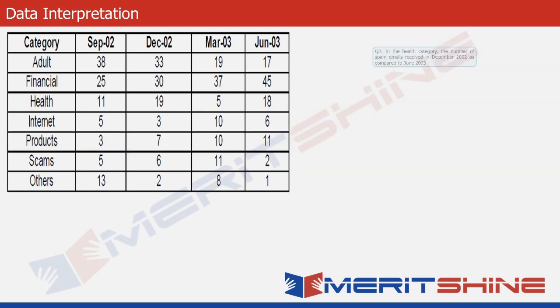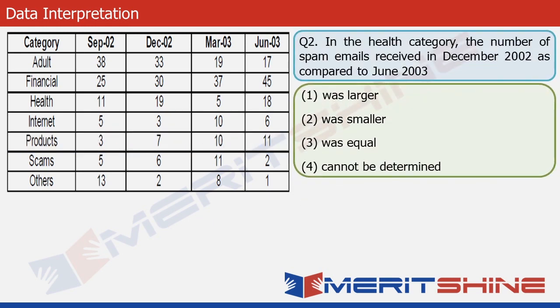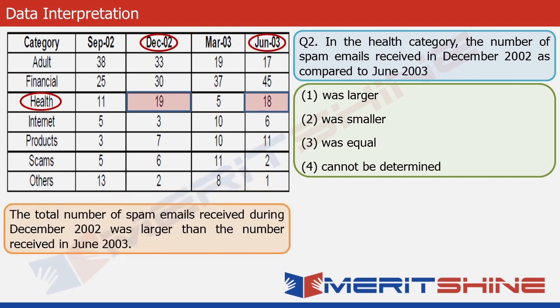Let's move to question number 2 now. It asks us to compare the number of spam emails received in December 02 with that in June 03 in the health category. If we look at the numbers, they stand at 19 and 18 respectively. Let's recall the statement from the data given in the question.